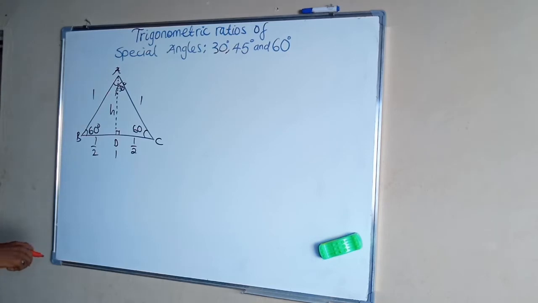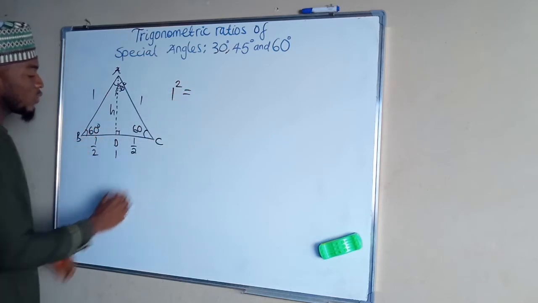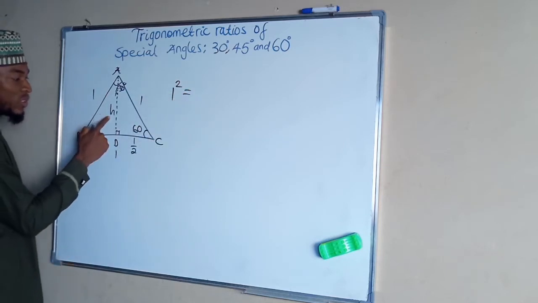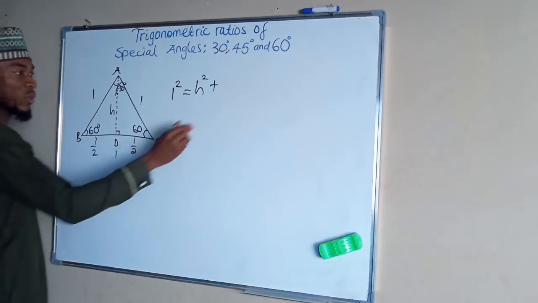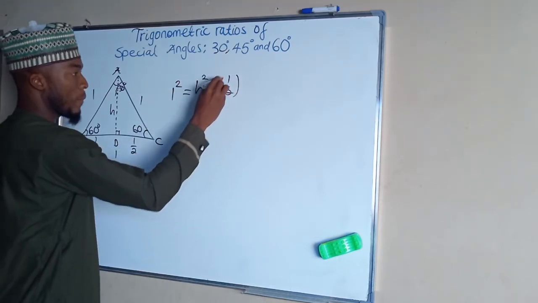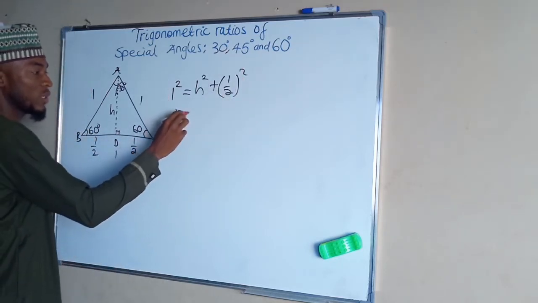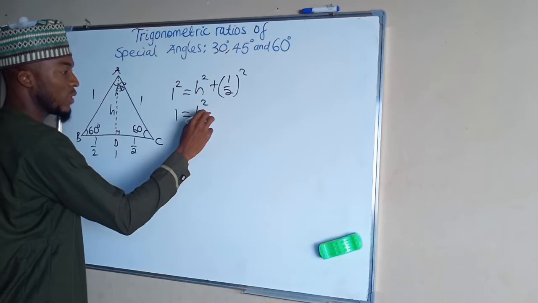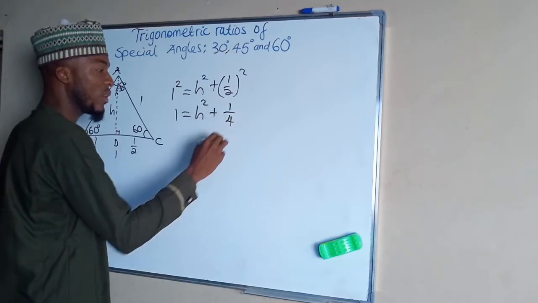Using Pythagoras theorem, the hypotenuse squared, which is 1 squared, is equal to the opposite squared, which is h squared, plus the adjacent squared, which is 1/2 squared. This 1 squared is 1, h squared remains h squared, and 1/2 squared is 1/4.